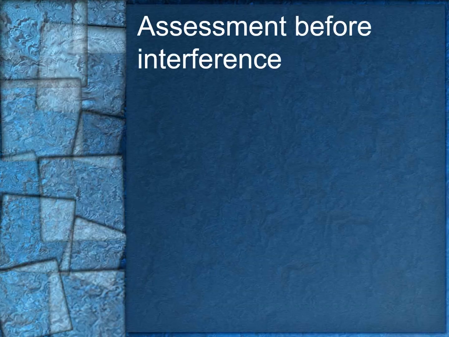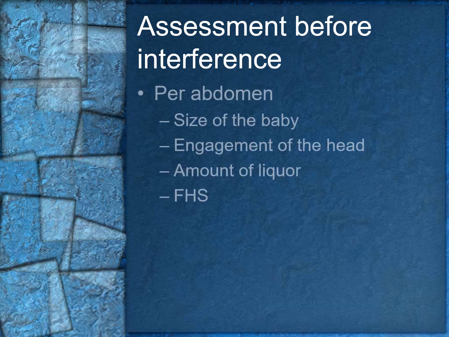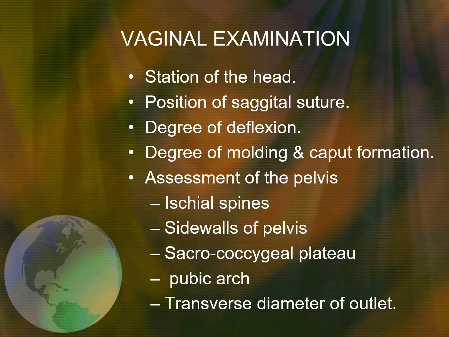Assessment before doing this interference, or before applying the forceps, or before applying the ventouse, you should see this first. First, you should see the size of the baby, engagement of the head, amount of amniotic fluid, fetal heart sound.